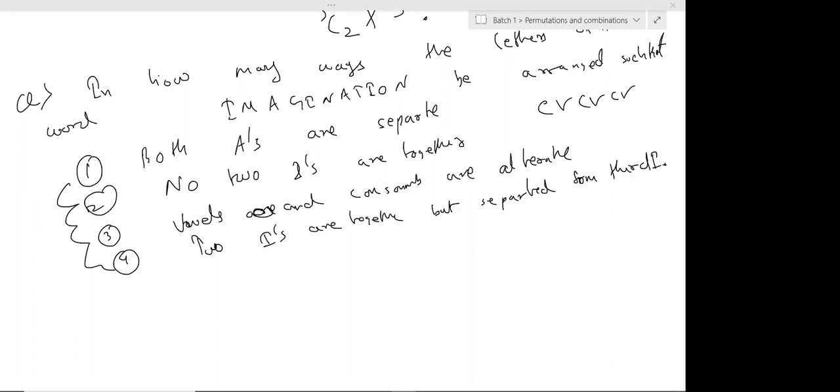Sir, is the second answer correct? Yes, absolutely right. Try the third and fourth part. Gautam, are you able to solve this?